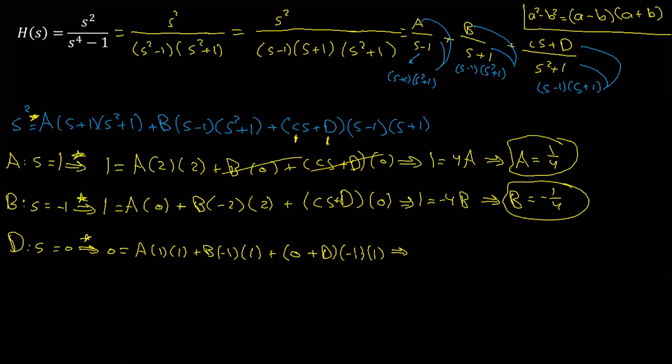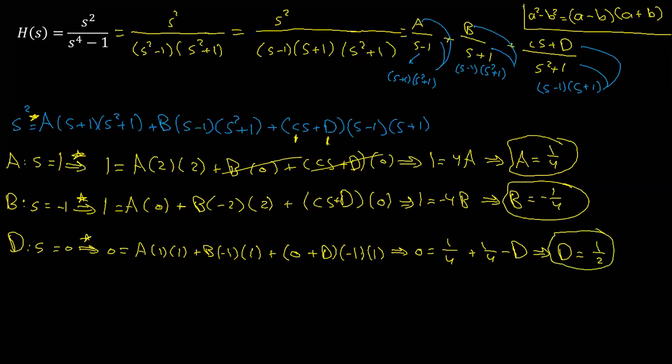So here I have negative D. Let me write in details. 0 equal, here you have A. What is your A? It is 1 over 4, minus B. And your B is minus, so it is a plus 1 over 4 minus D. Move D, so D equal 1/4 plus 1/4, it will be 1/2. This is my D.